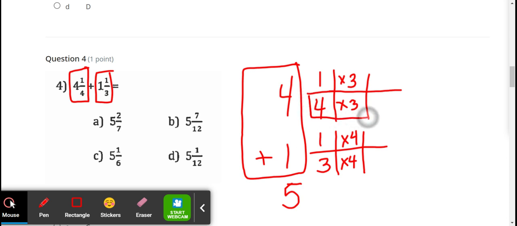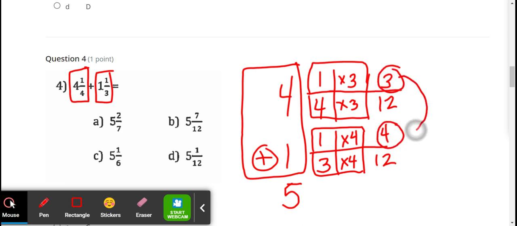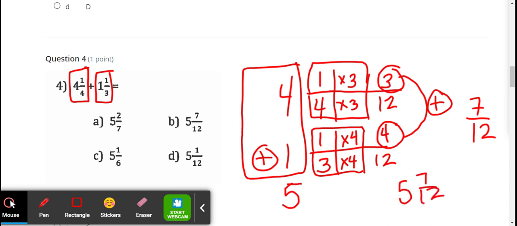So we got 4 times 3 is 12. 3 times 4 is 12. We have 1 times 4, and then 1 times 3. And since we are adding, we are also going to add the numerators over here. So 3 plus 4 is 7, and that is 12ths. And we can put that all together over here, 5 and 7/12.